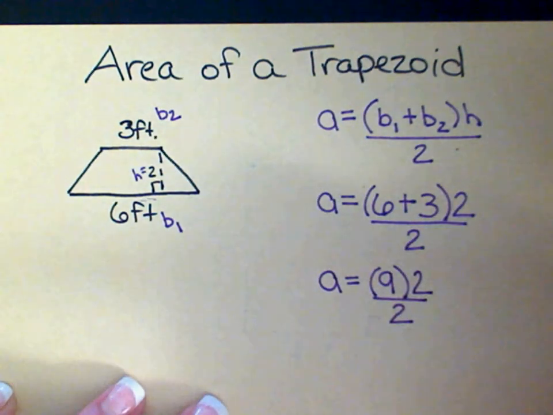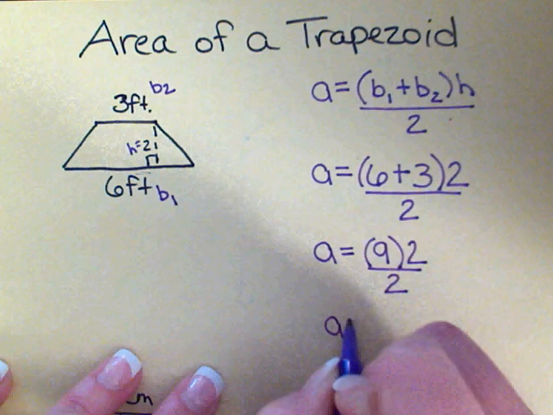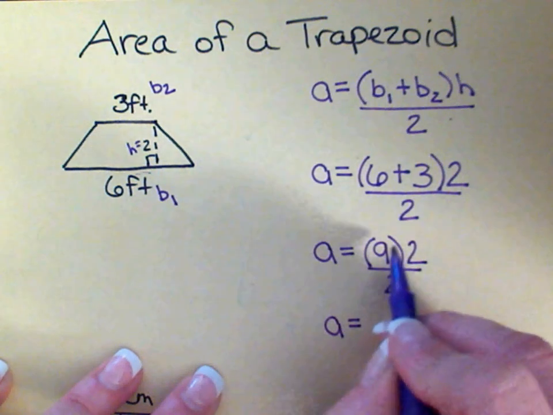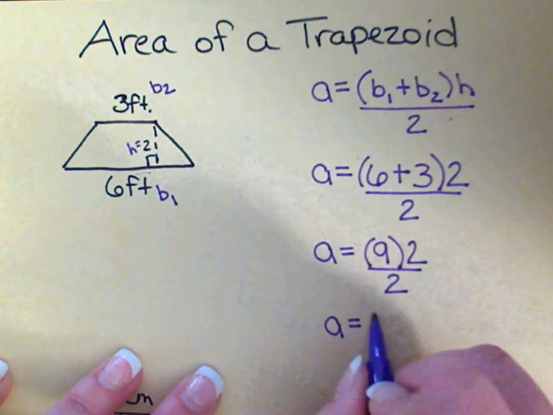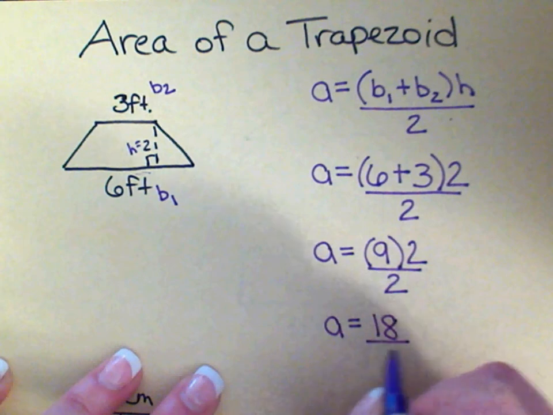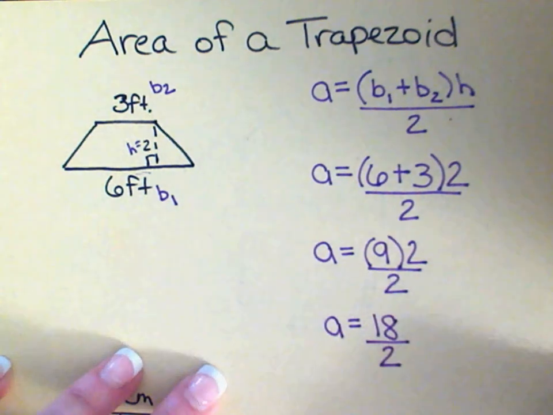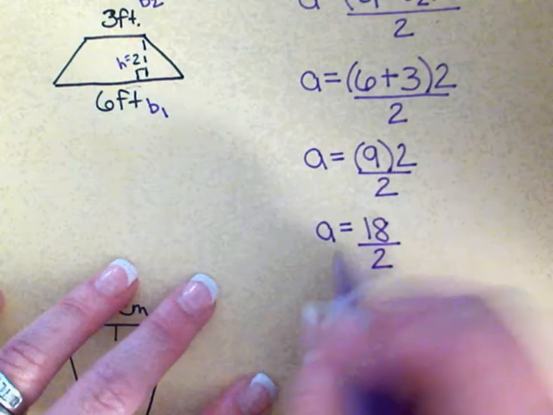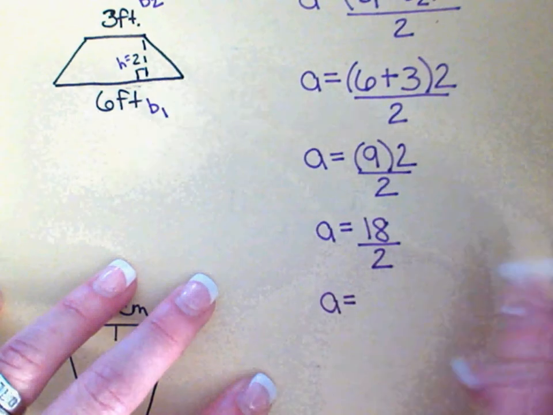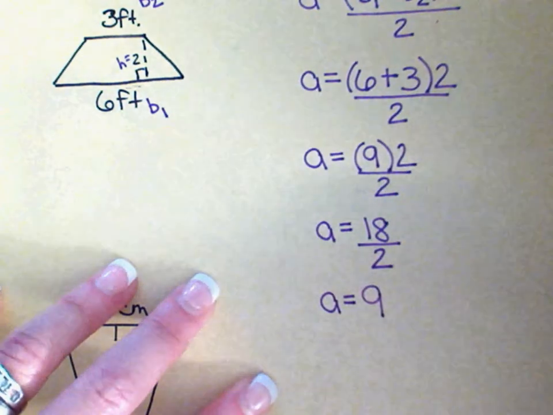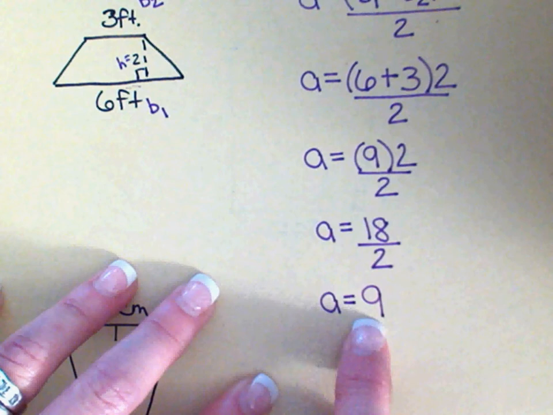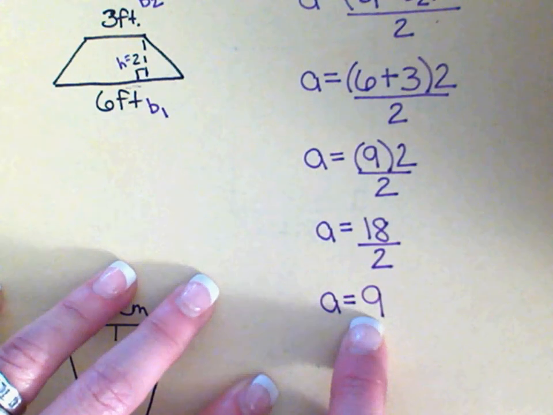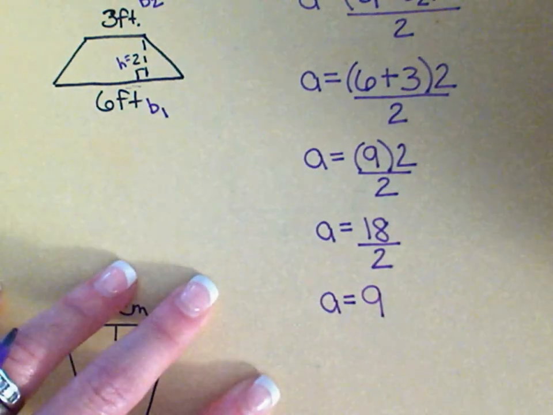Now I just need to go through and calculate what I can. Again, I don't know area. 6 plus 3 is in parentheses, I'm doing that first. Is 9. I have not used my 2 yet. I have not divided by 2 yet. I do not know my area still. Now I'm going to multiply side by side. 9 times 2 is 18.